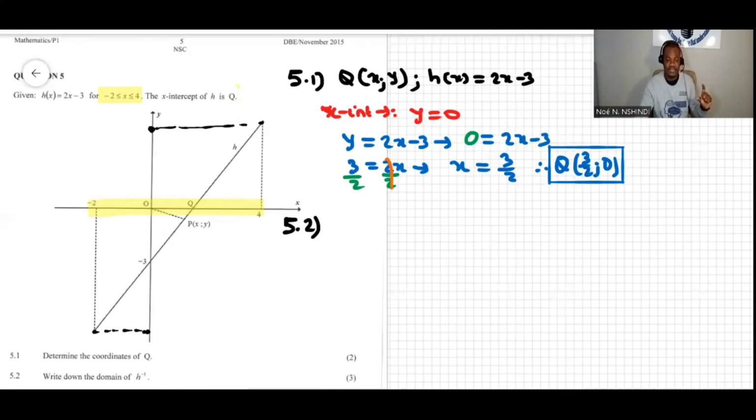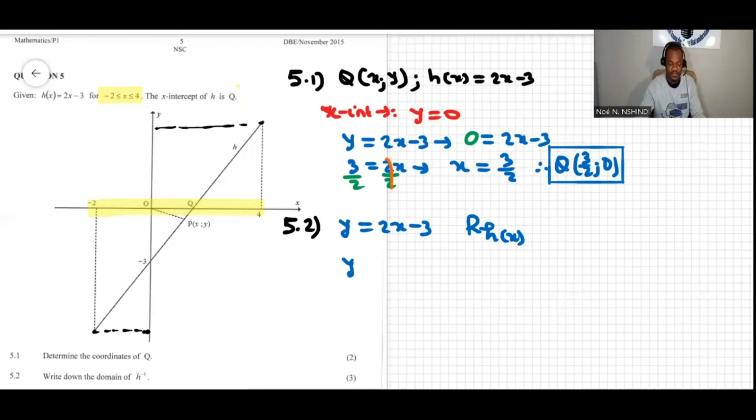Now let's find the range of h of x. H of x, y equals 2x minus 3, defined between -2 and 4. We substitute the values of x.